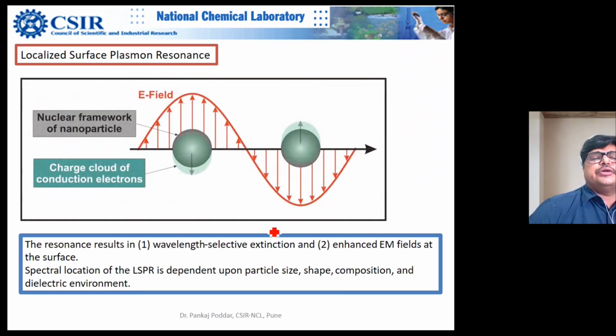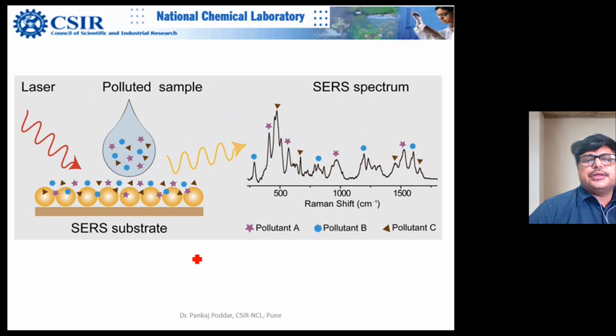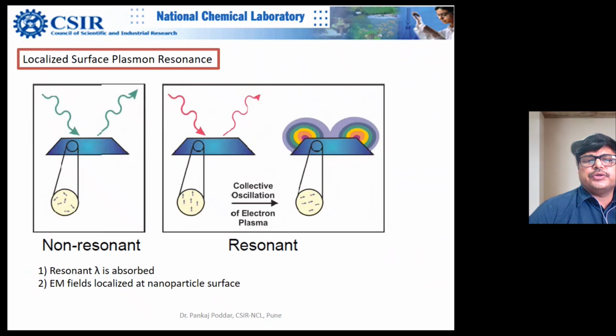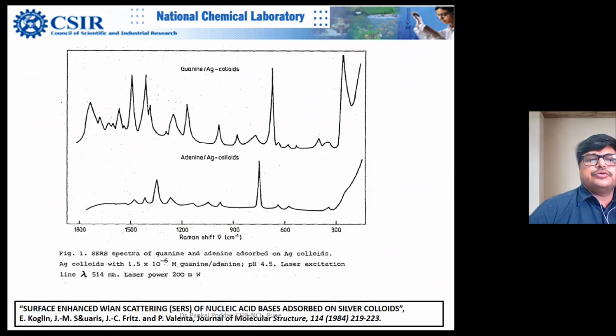The incoming electric field will excite the electron cloud and put it into oscillation, and this oscillating electron cloud then starts emitting also. And there will be chemical enhancement. That is the reason the Raman peaks get multiplied, and you can use this very powerful technique a lot.